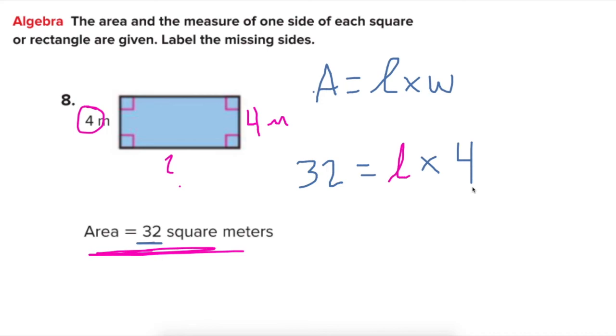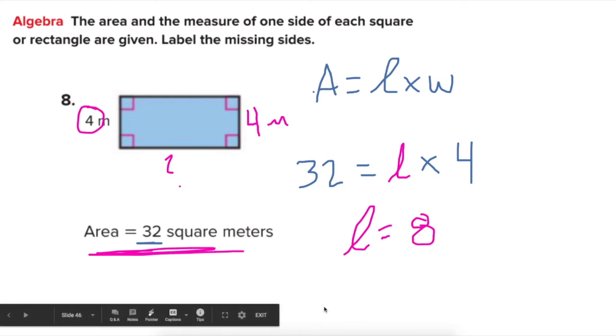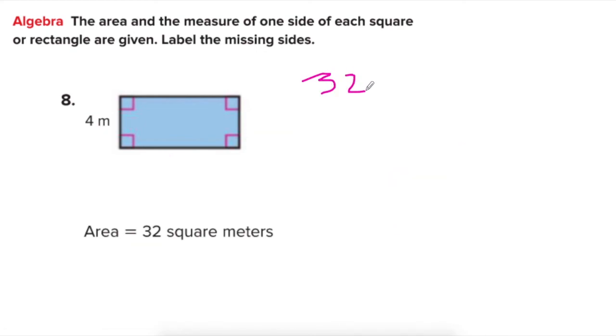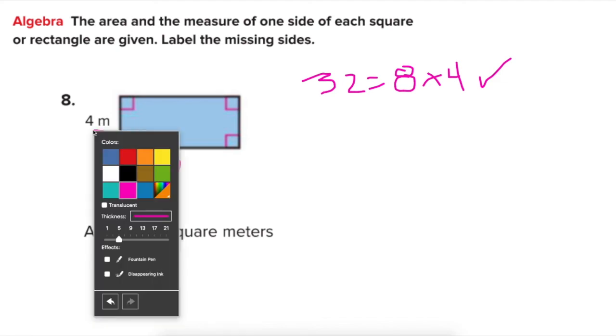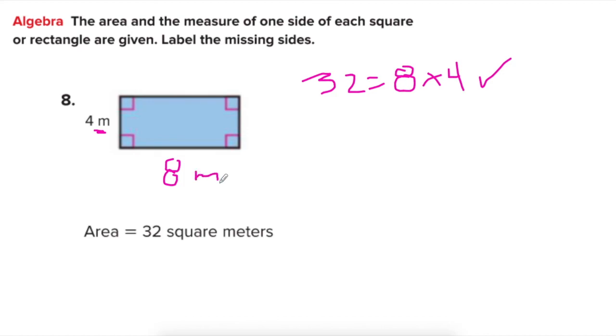So the length, L, must equal 8. Also 8 times 4 is 32. So that would make that true, and it would be 32 equals 8 times 4, and that is true. So my missing length is going to be 8, but not just 8. I've got to keep that same unit there, and it's going to be 8 meters.